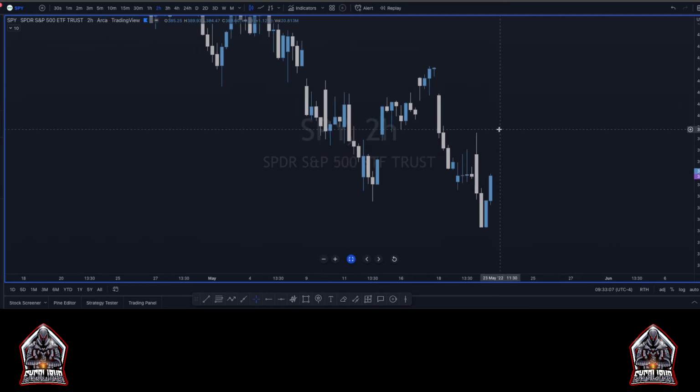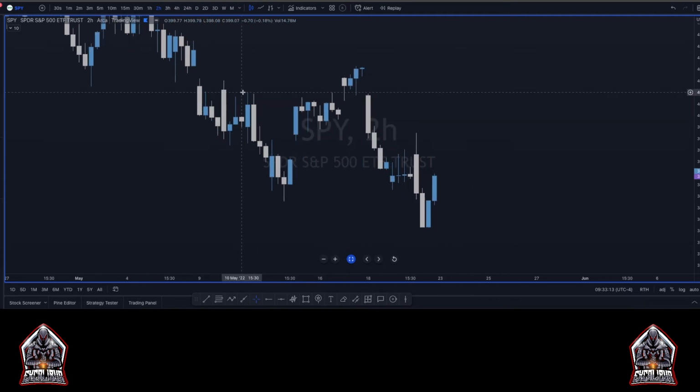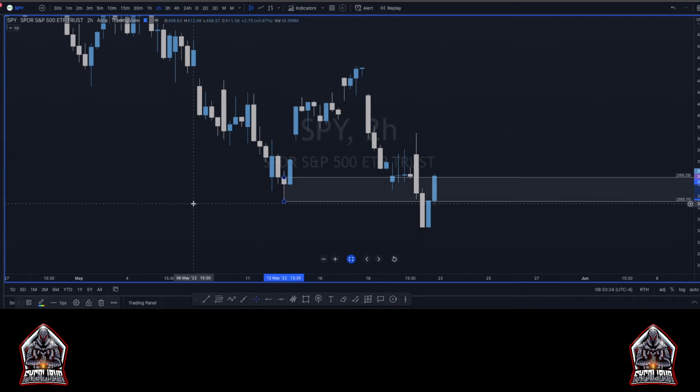Here's recent price action from when this video was made, where we had a nice drop here. We had a little basic candle, and then a nice push up. You can tell we hit this, and we kept hitting it, kept pushing up, kept hitting it, pushing up.